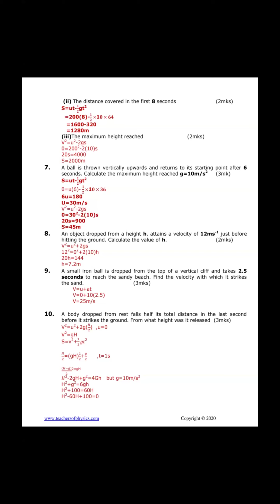So you now know the difference between free fall and vertical projection. We are dealing with motion under gravity.